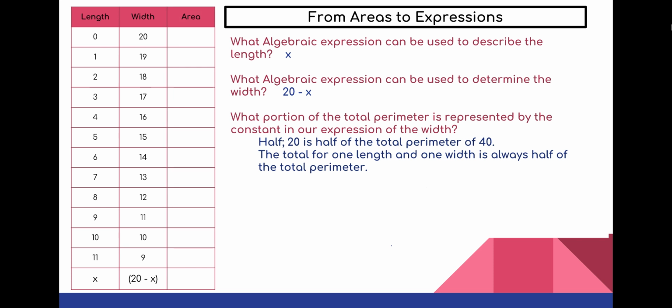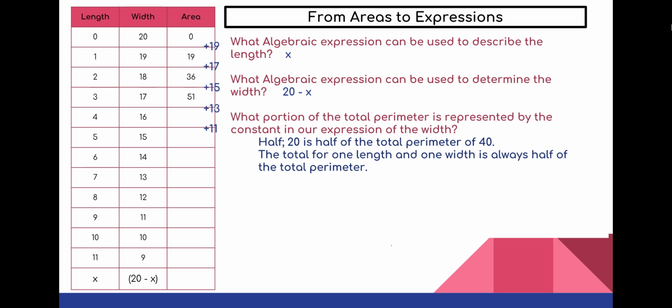Now let's start looking at our areas. 0 by 20 is 0. 1 by 19 is 19. 2 by 18 is 36. And 3 by 17 is 51. At this point, students may have some trouble doing the calculations. That's fine. There's other ways to do it than straight multiplication.